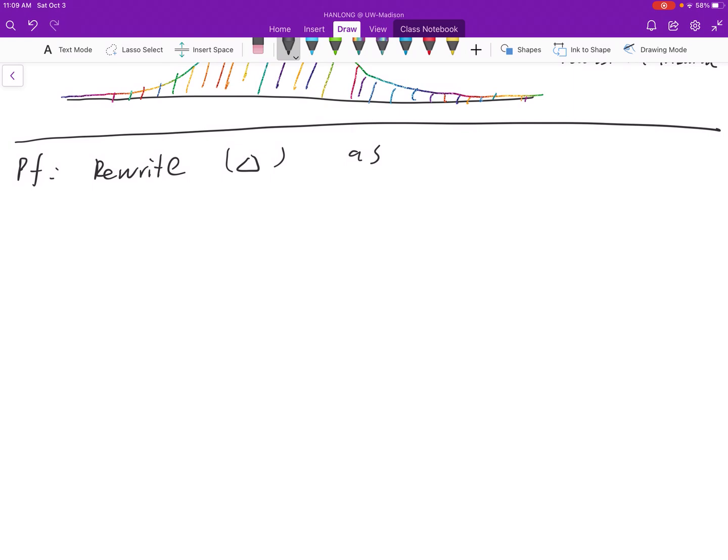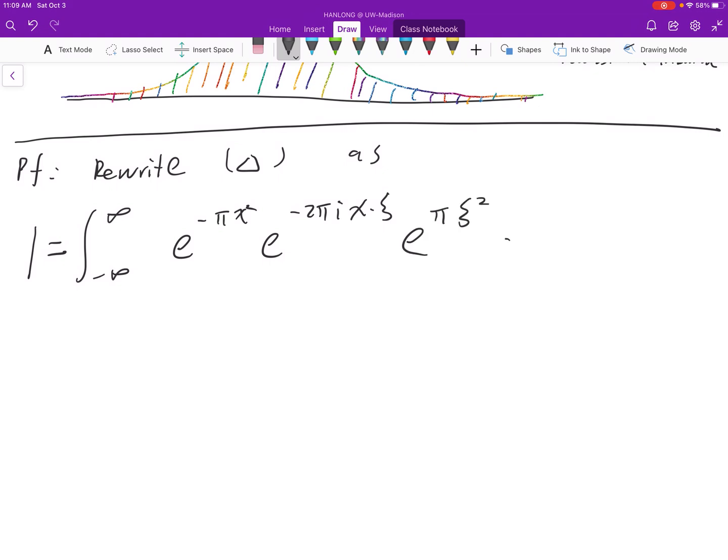As you multiply exponential pi c squared on both sides, you have 1 equals the integration from negative infinity to positive infinity of exponential negative pi x squared, exponential negative 2 pi i x times c, exponential pi c squared dx.